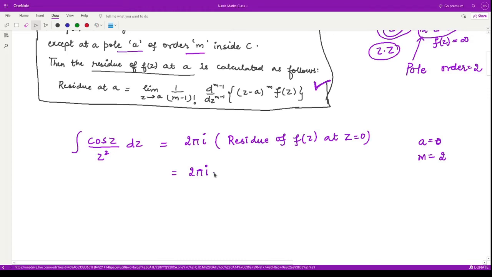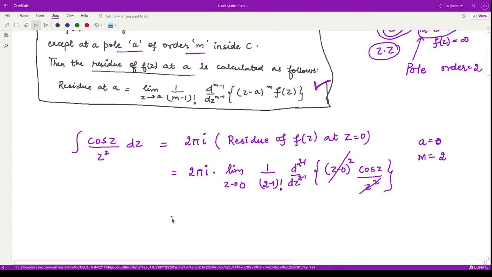Accordingly we have the limit z goes to 0, with m equal to 2, so we have 2 minus 1 factorial, and then the 2 minus 1th derivative with respect to z of the function z minus 0 raised to power 2 times cos z divided by z square. From here you see this term cancels with this term, so we are left with 2 pi i times the limit z goes to 0.